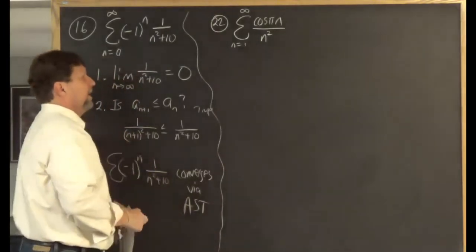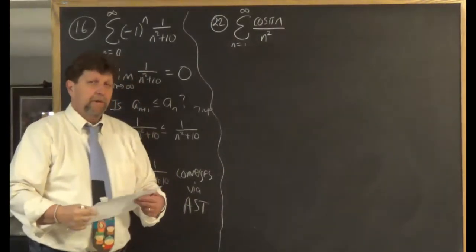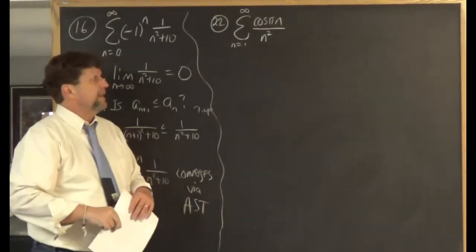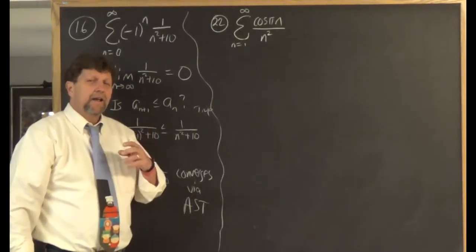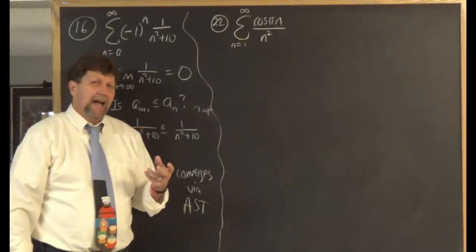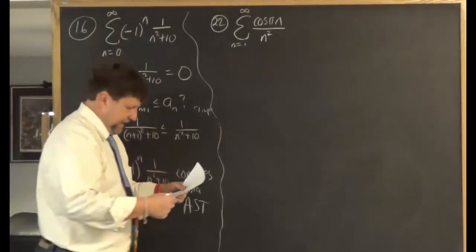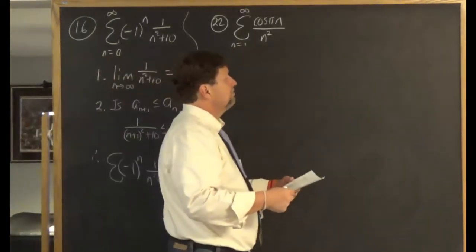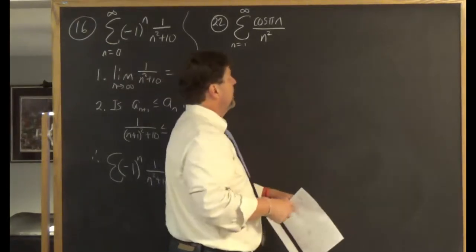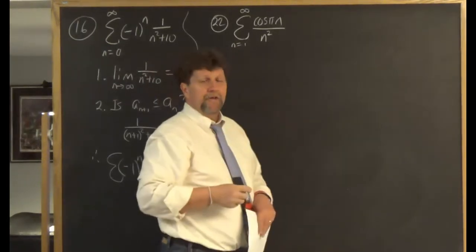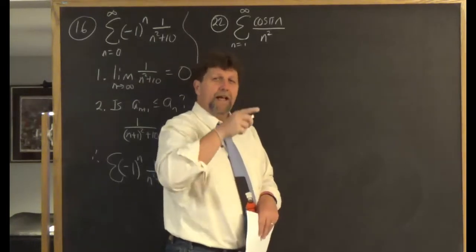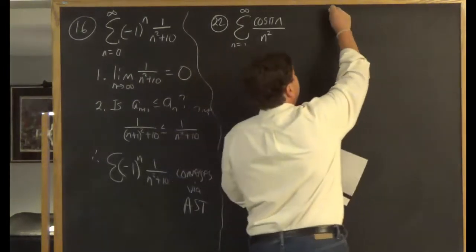All right, now number 22. This one gets a little more fun because I see a cosine of pi n. So it's kind of like something is disguised here. Let me just come over here to the side. We're starting at an n value of 1. I'm just looking at that cosine pi n.